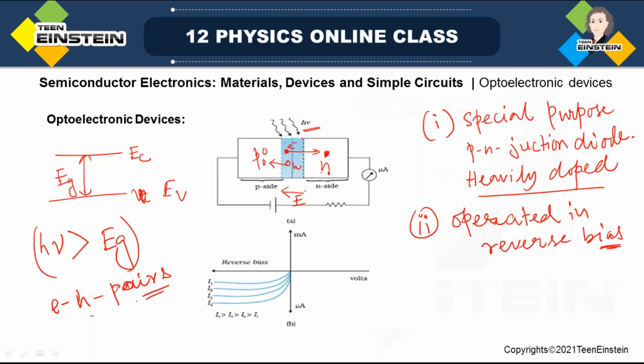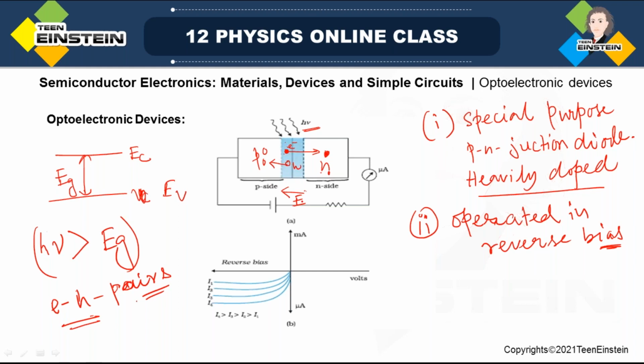So what happens when you shine a diode with light having energy h nu? If that energy is greater than the band gap energy of that particular semiconductor diode material, then electron and hole pairs will be created near the depletion region.